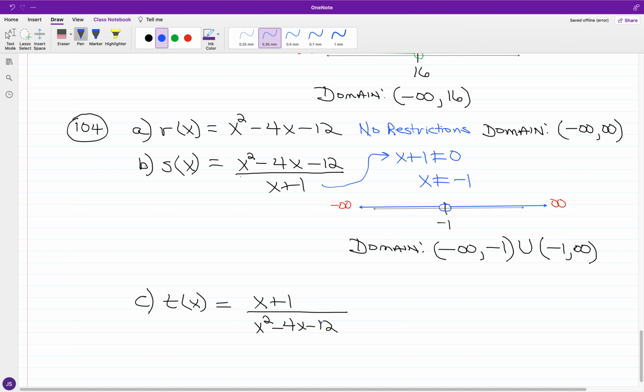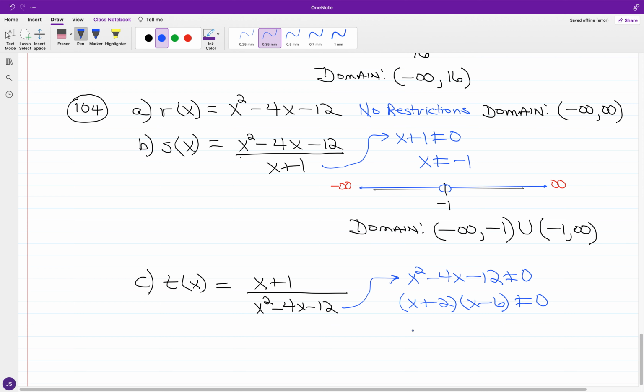Again, we have just a fraction, no even root radical, and the potential restrictions will come from disallowing the denominator, in this case x squared minus 4x minus 12, from being 0. If I factor, we have x plus 2 and x minus 6. And to keep this whole expression from equaling 0, we cannot have these factors be equal to 0 either.